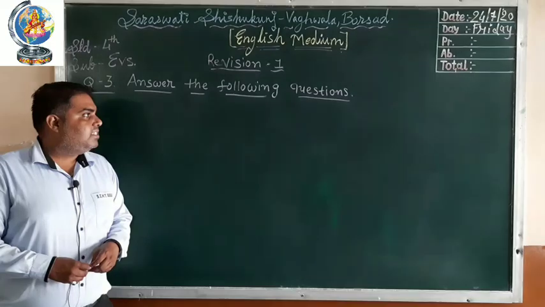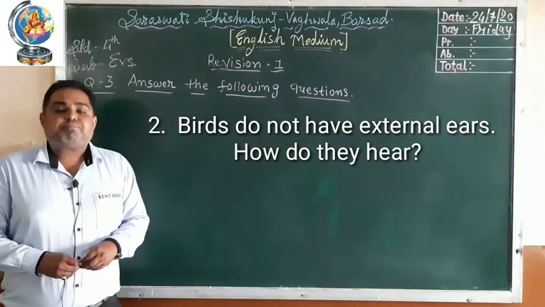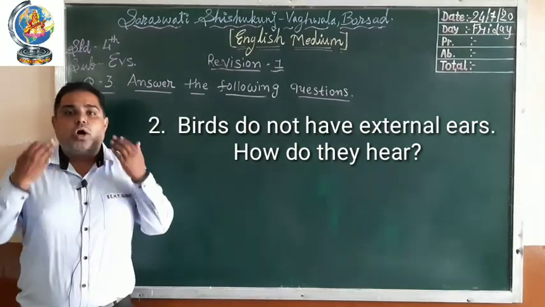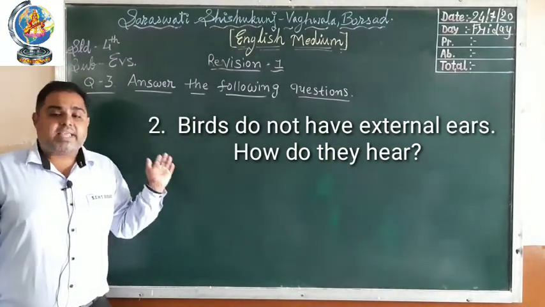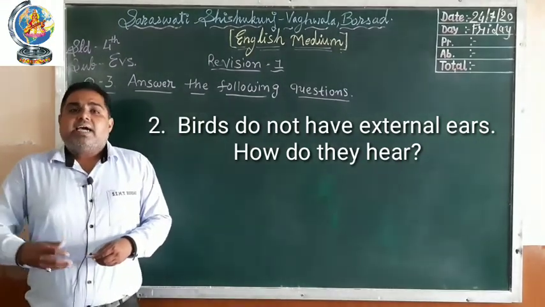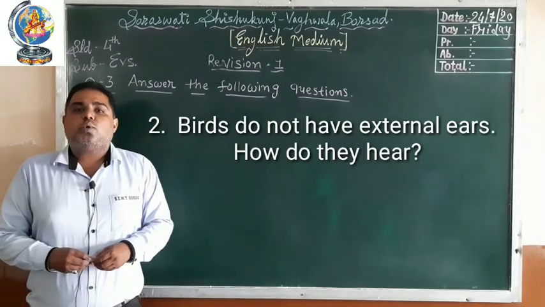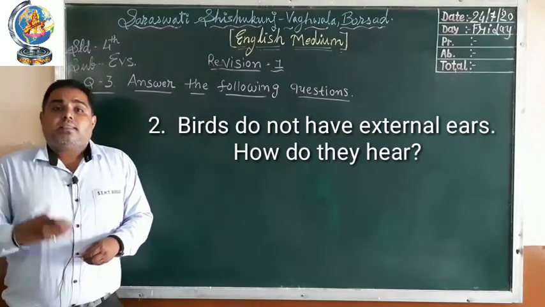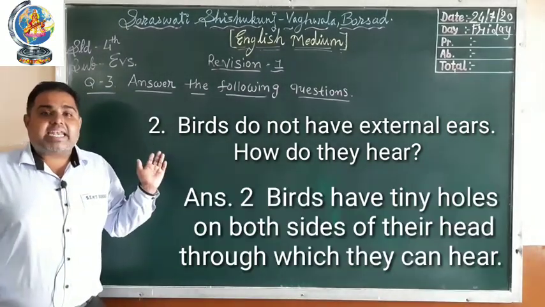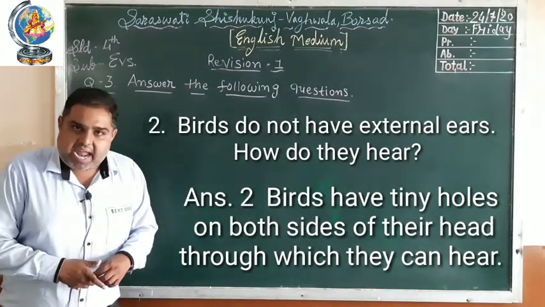Second question: birds do not have external ears. Birds' ears we cannot see. So how do they hear? Students, in the third chapter during the explanation I also told that birds have tiny holes on both sides of their head.